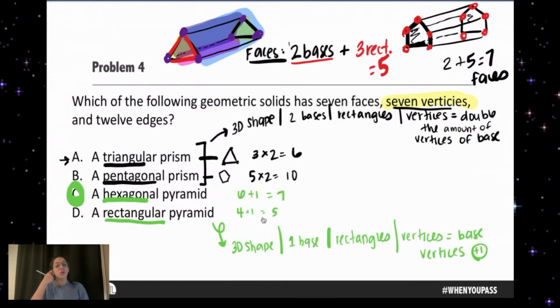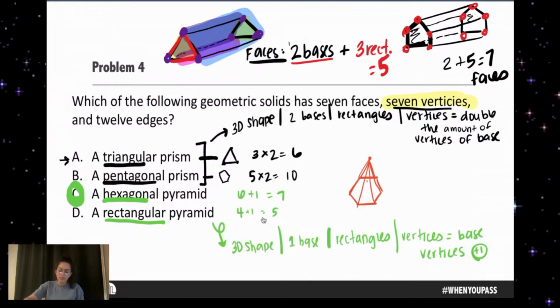Let's look at a hexagonal pyramid. The hexagonal pyramid is going to look like 1, 2, 3, 4, 5, 6. And we're going to connect all this out.